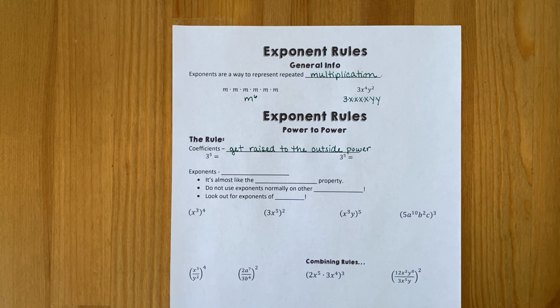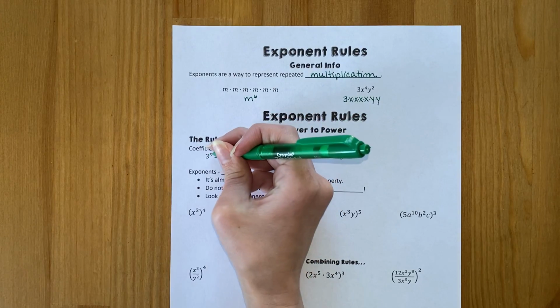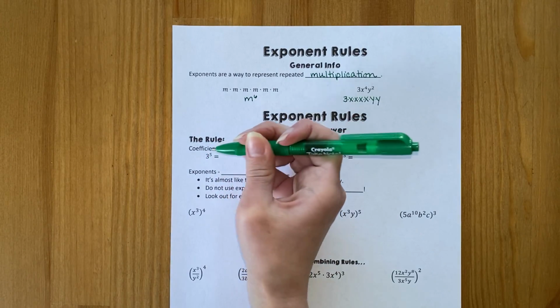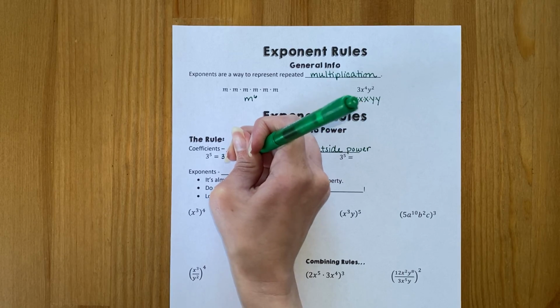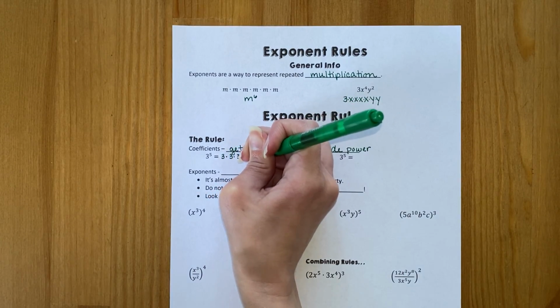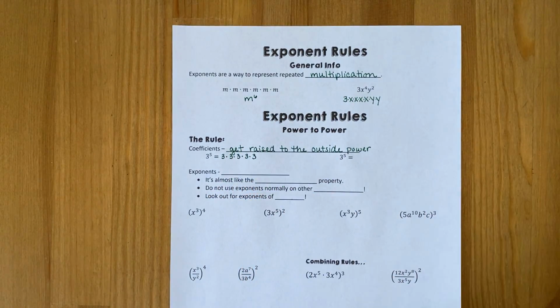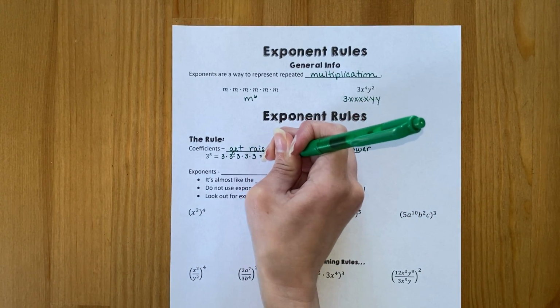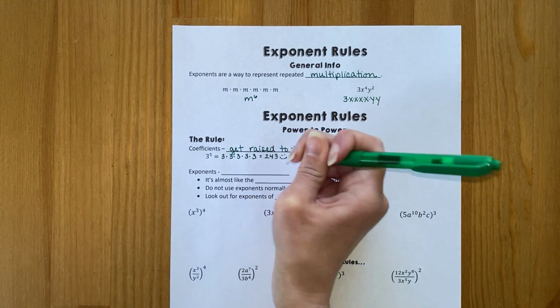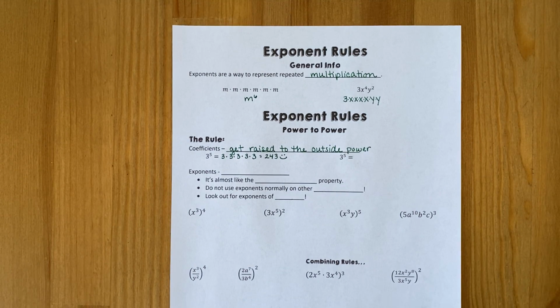So if you see 3 to the 5th power, where 5 is the outside power, 3 is going to get multiplied by itself 5 times. So I'm going to have 3 times 3 times 3 times 3 times 1 last 3. So 1, 2, 3, 4, 5. Now that's going to give me an answer that is 243. That's the way that we want to treat our exponents and our coefficients here.